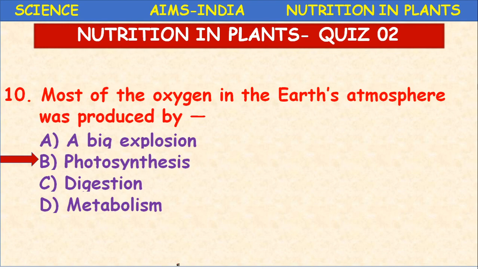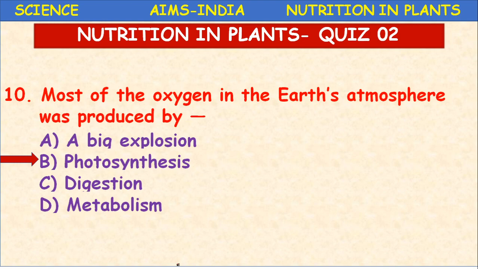Photosynthesis adds oxygen to the atmosphere and removes some amount of carbon dioxide. So it is very, very important to grow green plants, to make the Earth a green planet. Abundant oxygen is added to the atmosphere.